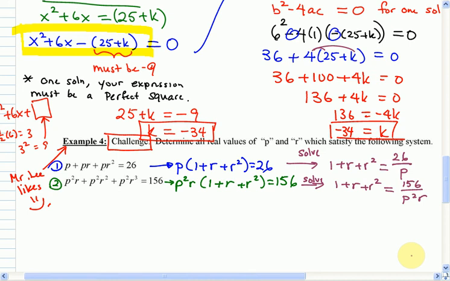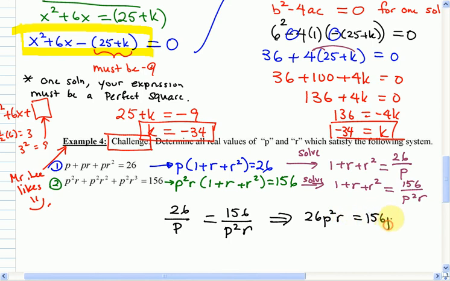So 26 over p equals 156 over p squared r. How's that going to help? Cross multiply. So 26p squared r equals 156p. One of the p's can cancel out.